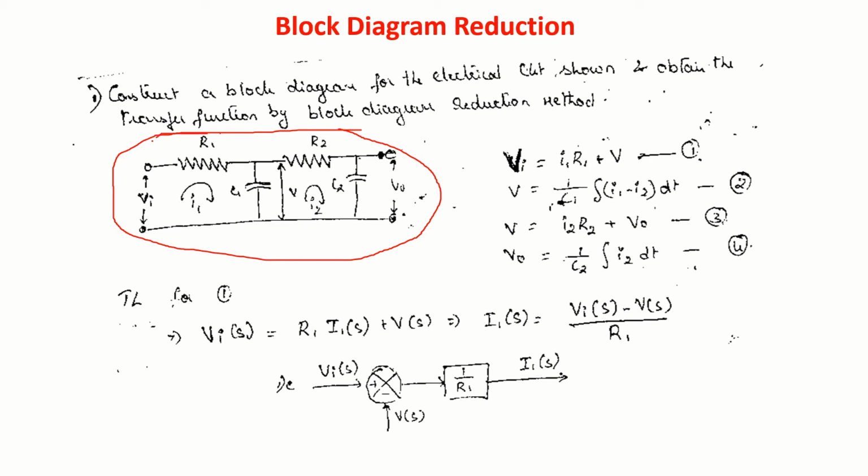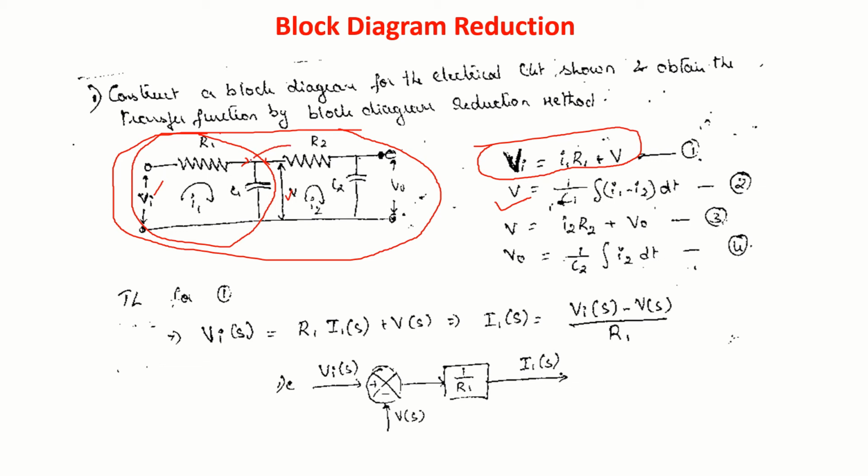So for this part of the circuit, the input Vi must be equal to I1 R1 plus voltage drop across C1. Let us call that as V. So you will get first equation. Assuming this is V, V equal to 1 by C1 integral of I1 minus I2 dt. So I'll get this equation.